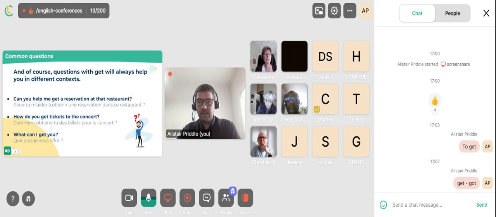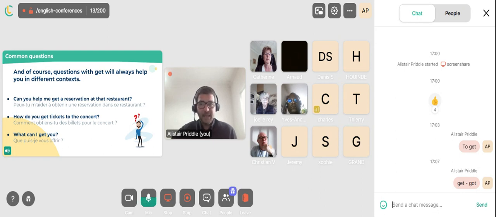Okay, let's continue. So we've got some common questions. Questions with get will always help you in different contexts. So let's have a look at some question forms with get. Can you help me get a reservation at that restaurant?